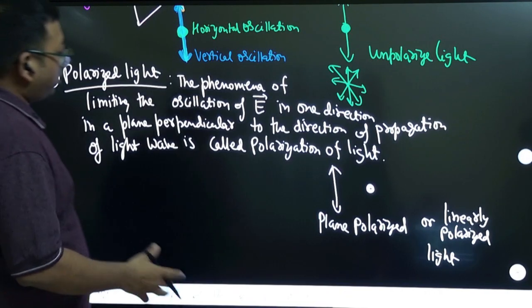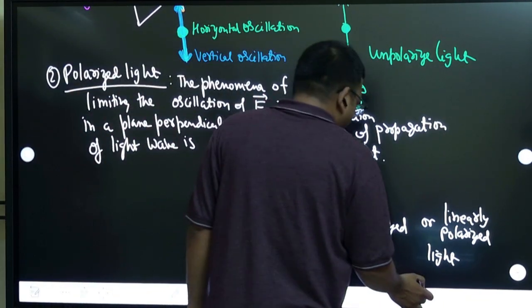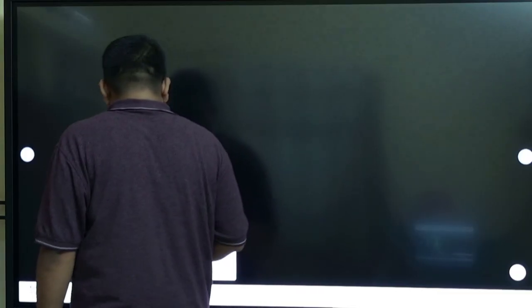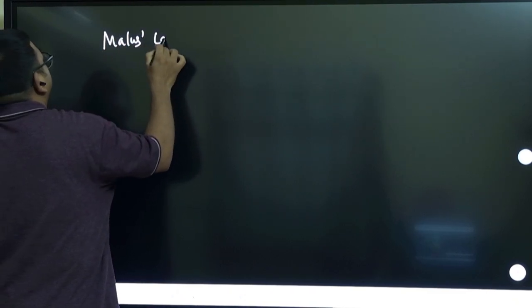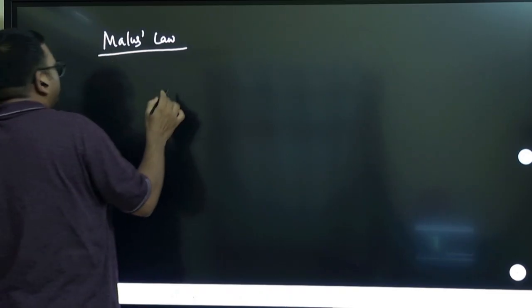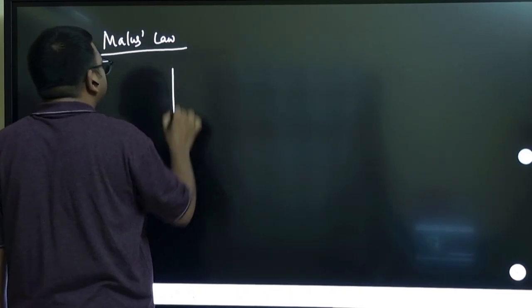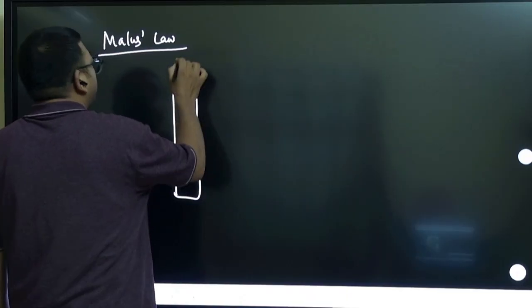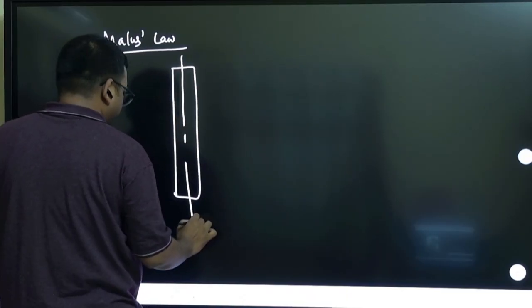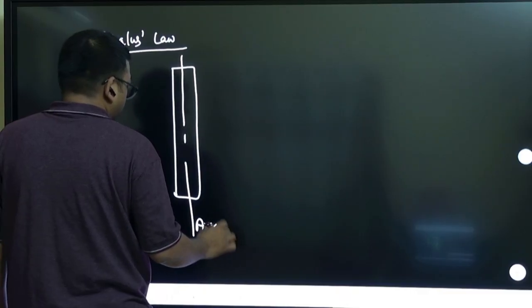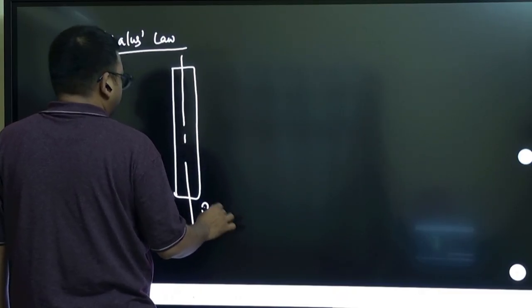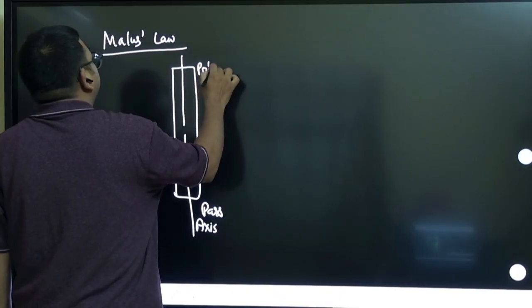So what is the law here? Now here I will quickly give one law that is called Malus law. What happens in Malus law is that there are some substances called polarizer which has one axis. This is the axis. This is called pass axis, and these are called polarizer.